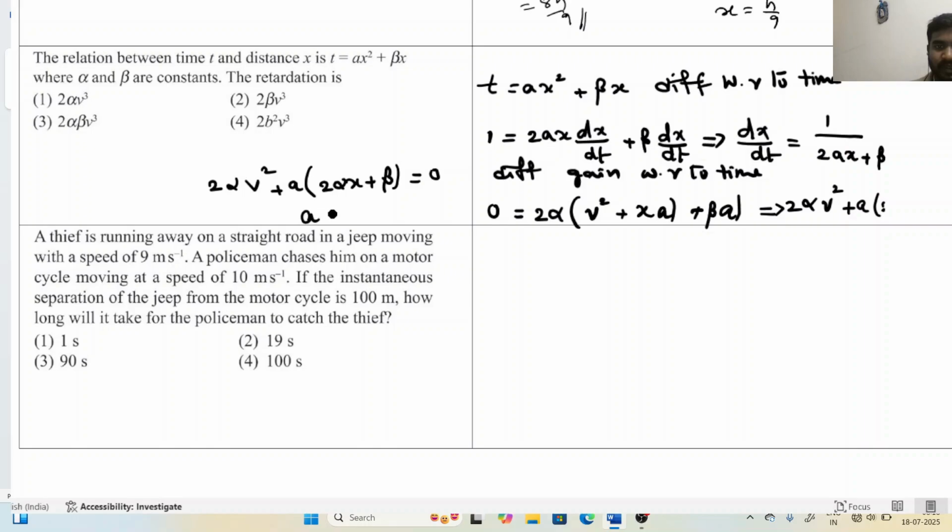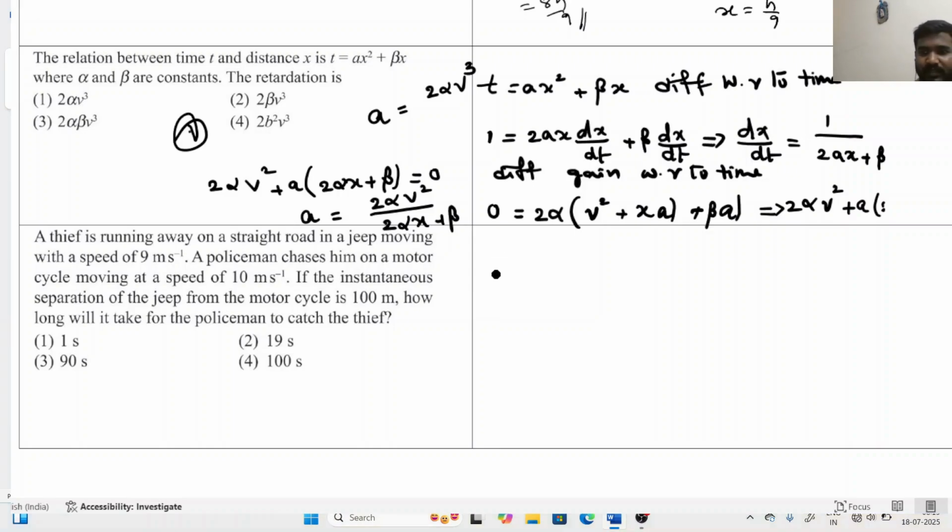From this, a equals minus 2 alpha v square divided by 2 alpha x plus beta. Already we know that 1 divided by 2 alpha x plus beta is nothing but v. So the acceleration a equals 2 alpha v to the power of 3. You can go with answer 1.